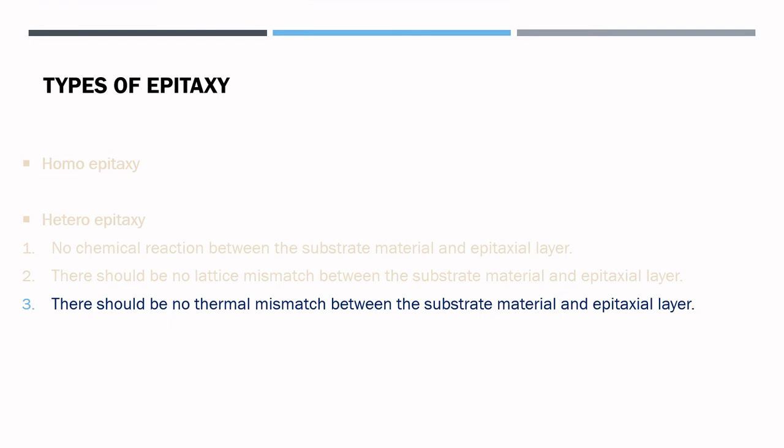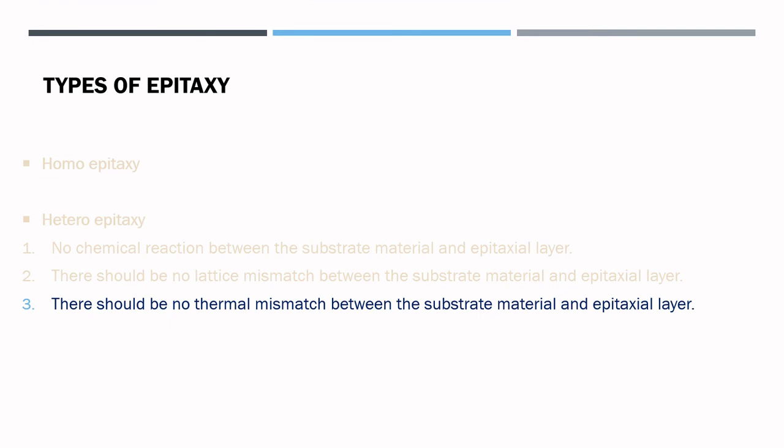So there is no lattice matching, but it can be grown, and the problem is the thickness of the epitaxial layer. When a lattice mismatch occurs, a lot of strain appears in the epitaxial layer.